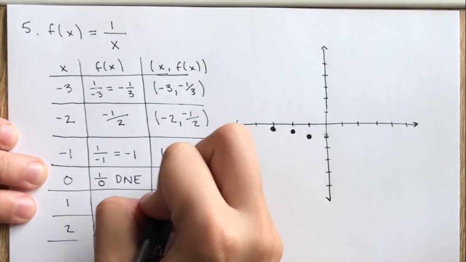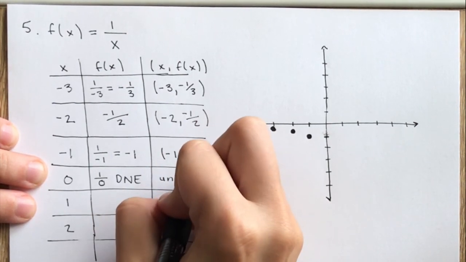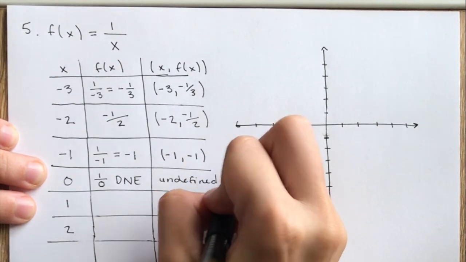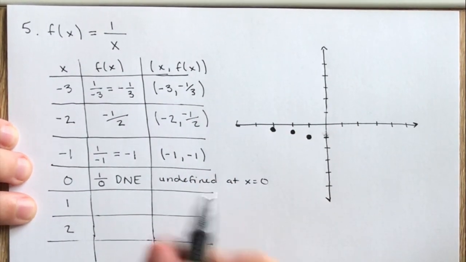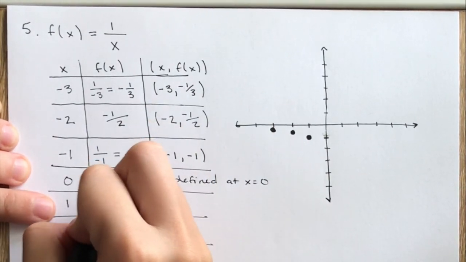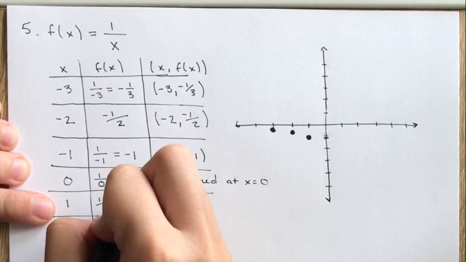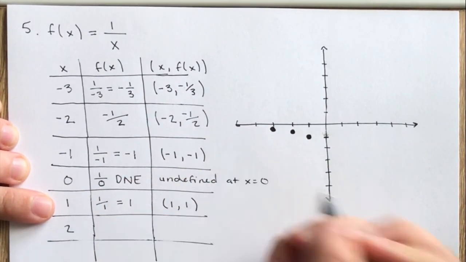So there is no point, right? And it is undefined at x equals 0. Interesting. Okay, let's look at 1. So if I divide 1 by 1, again, we can simplify that to just plain old 1. So we've got the point 1, 1.